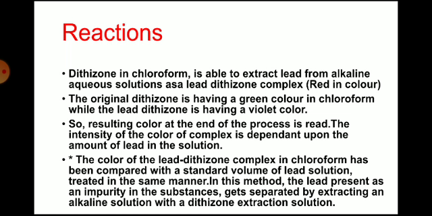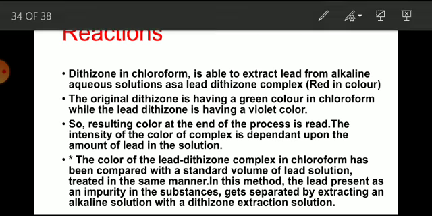The lead dithizone complex in chloroform is compared with the standard volume of lead solution treated in the same manner. The impurity gets separated by extracting an alkaline solution with the dithizone extraction solution.